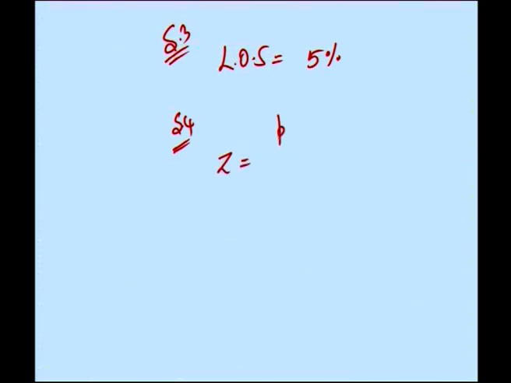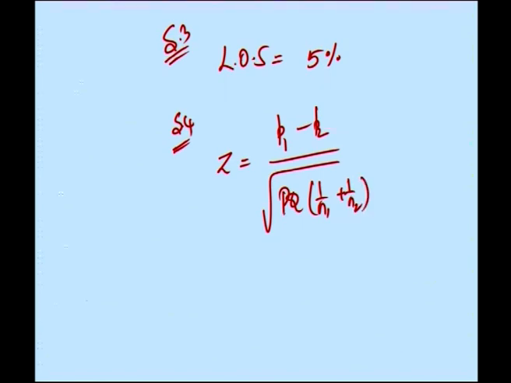Z is equal to P1 minus P2 divided by root of PQ into 1 by N1 plus 1 by N2. Since P and Q are not directly available, we have to take their cap values. P cap is equal to small p, which is equal to x1 by n1 plus x2 by n2.